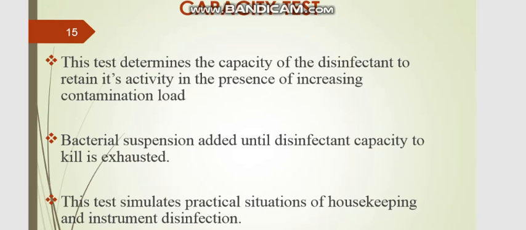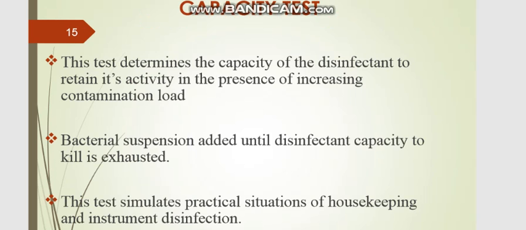Now the second test is capacity test. This is the advanced form in which we check the capacity of a disinfectant, like for how much concentration and for how much time the disinfectant is working, by increasing the load of the contamination.